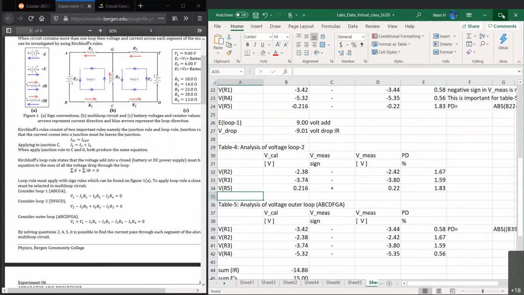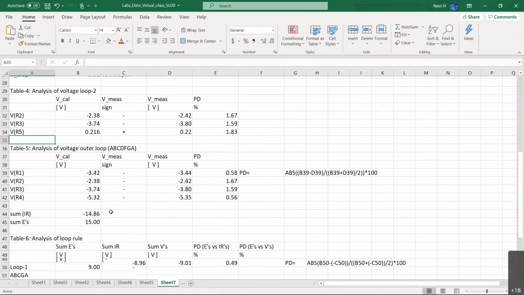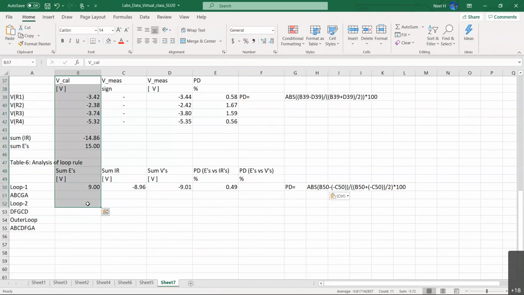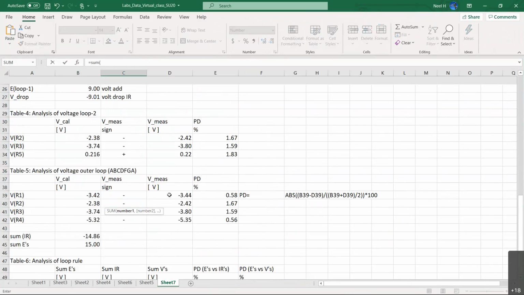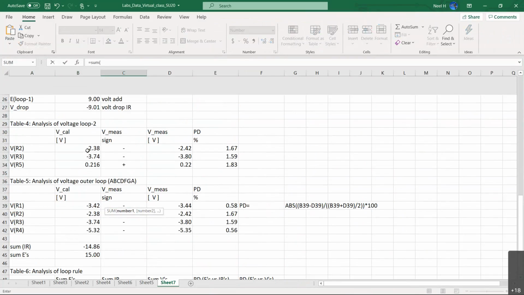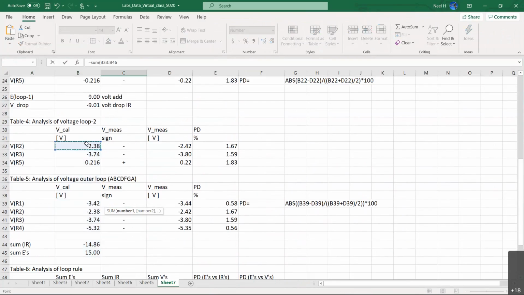So that means loop number 2 added voltage is only 6 volt, 6.00. And sum of all the I and R, equal sign, sum, parentheses, those numbers from table number 4 we calculated.